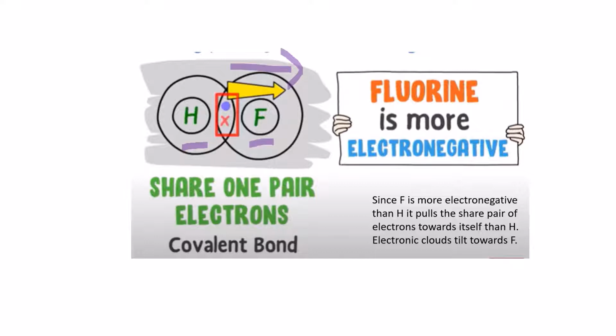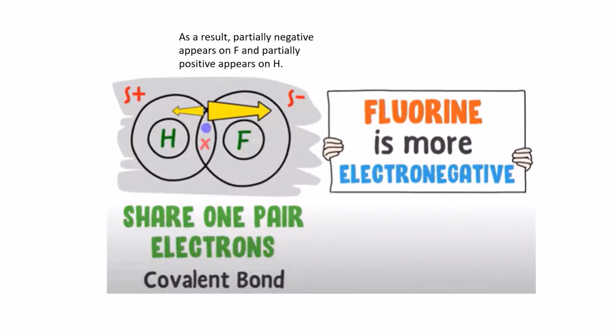The electron cloud also tilts towards fluorine. As a result, a partial negative charge appears on fluorine and a partial positive charge appears on hydrogen.